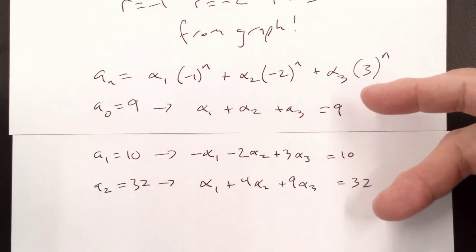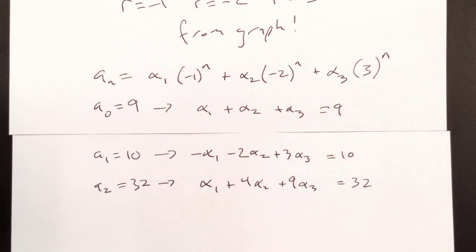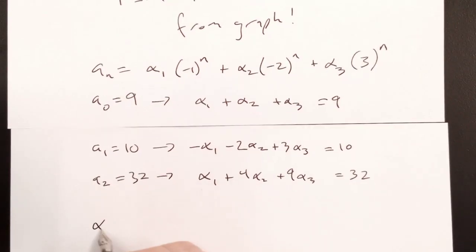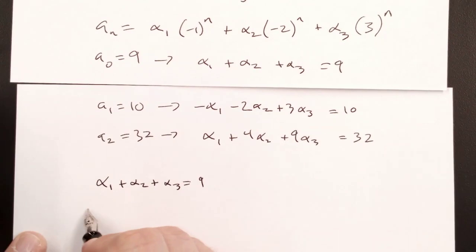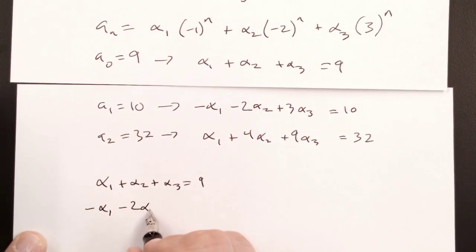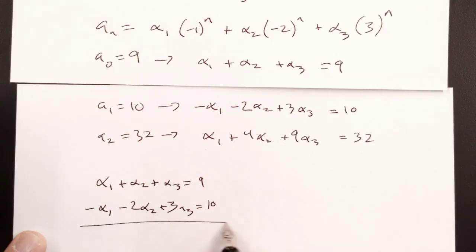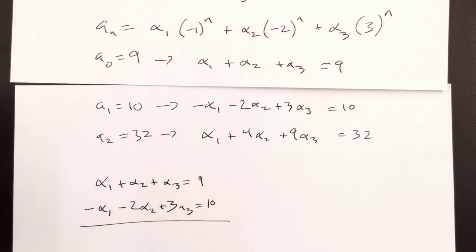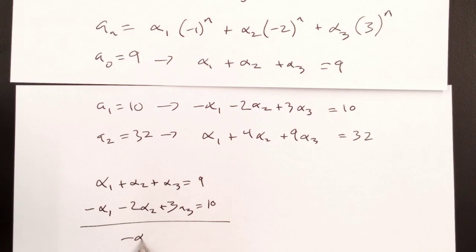Then I could take 1 and 3, and I'd end up with 2 equations in 2 variables. Alpha 1 plus alpha 2 plus alpha 3 equals 9, minus alpha 1 minus 2 alpha 2 plus 3 alpha 3 equals 10. If I add those, the alpha 1s cancel out, right? Minus alpha 2 plus 4 alpha 3 equals 19.